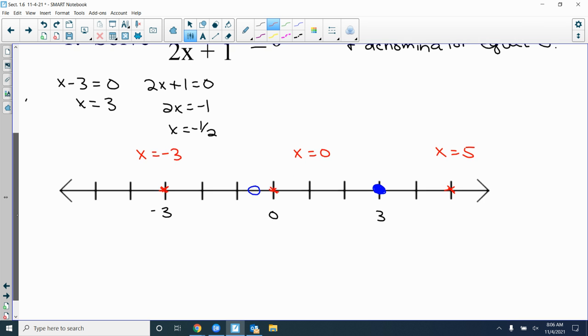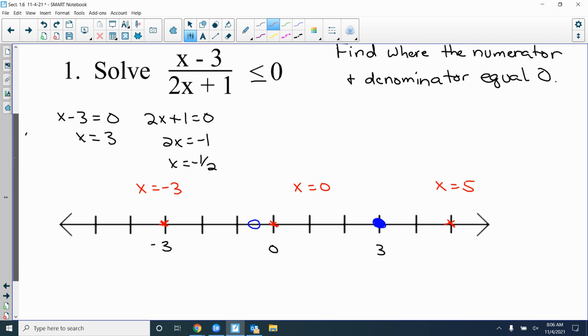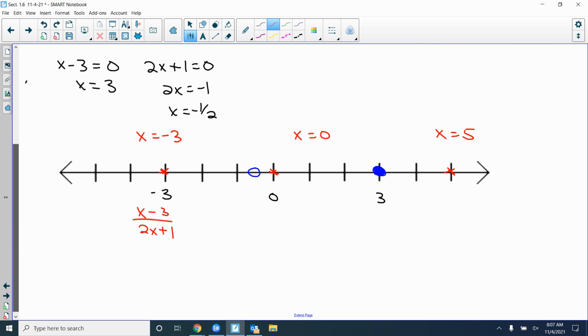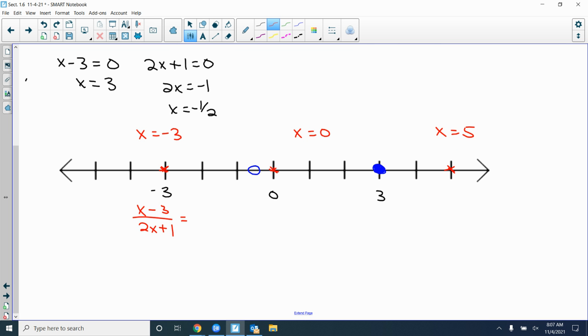So for that, I'm going to go back to the original. x minus 3 over 2x plus 1. If I plug in -3, -3 minus 3 is a negative. 2 times -3 is -6 plus 1 is a negative. In the end, it's going to be what? Positive. So that means everything here till I get to that critical point is going to be positive.